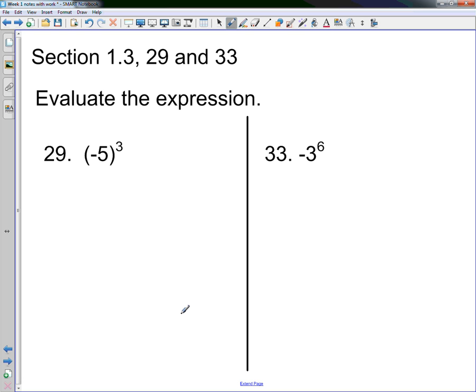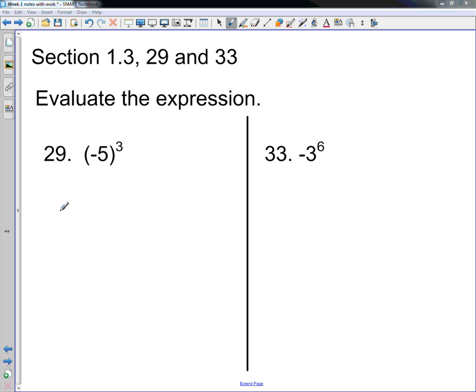So if you look at the left side, we have -5 in parentheses that's being cubed. On the right side, for number 30, we have -3 to the power of 6. So what you want to pay attention to is where the negative sign is. On the left side, we have the -5 in the parentheses.